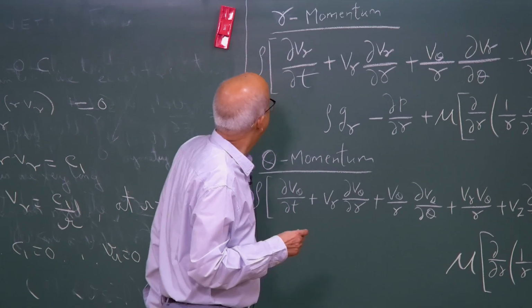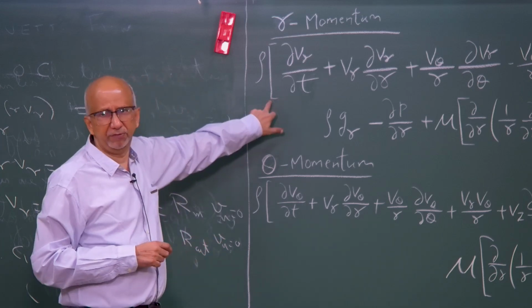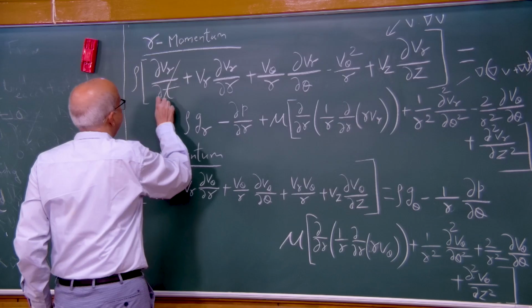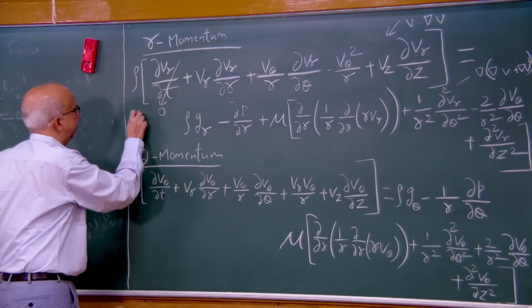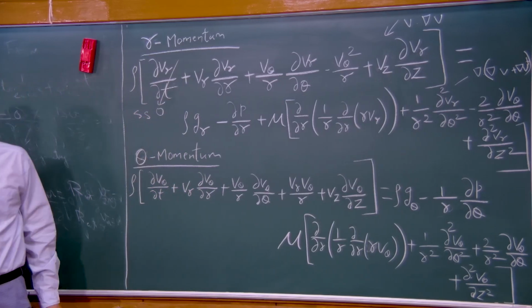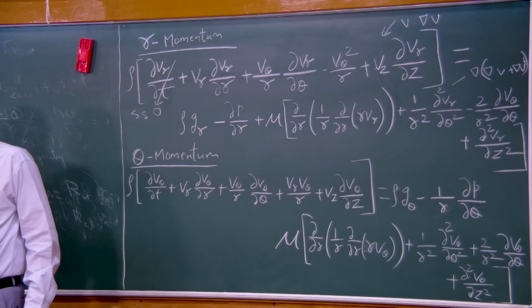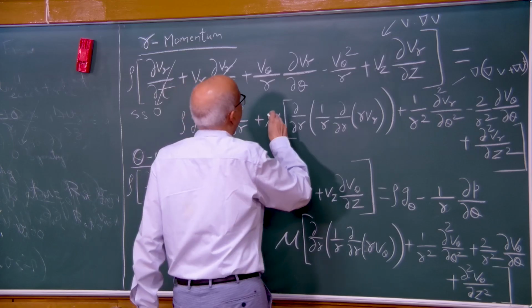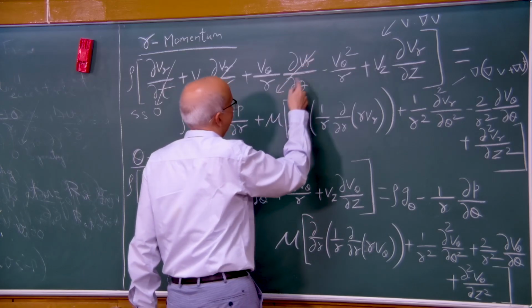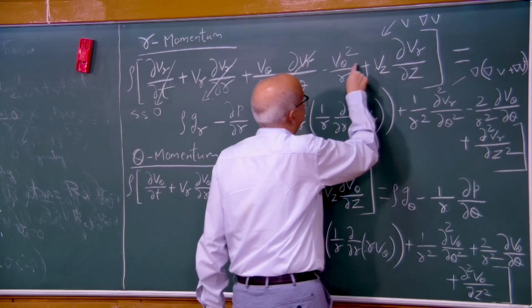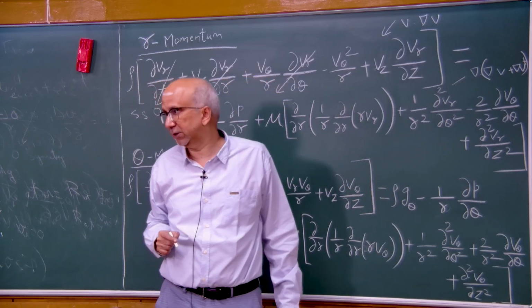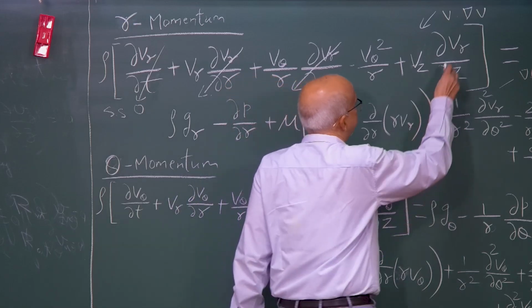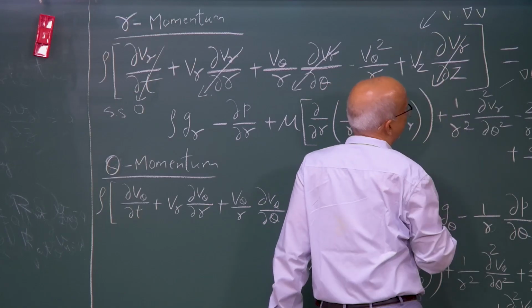Now, let us see what information we get from the first equation. dVr by dt is 0 because we are saying it is steady state. Vr is 0, we already showed that. So this goes to 0 because Vr is 0. This goes to 0 because Vr is 0 and theta symmetry. This does not go to 0, v theta squared by r, because v theta is there. This goes to 0 because Vr is 0.